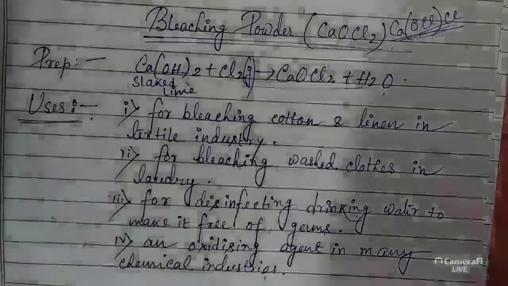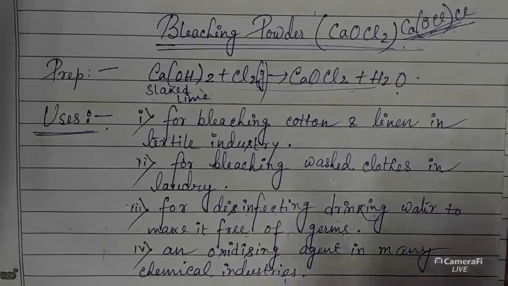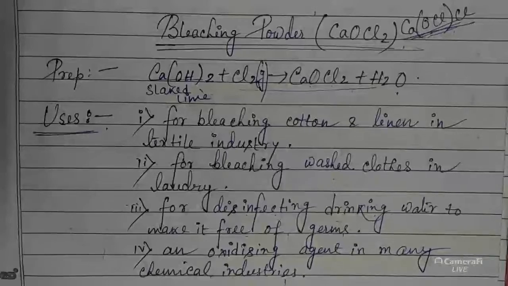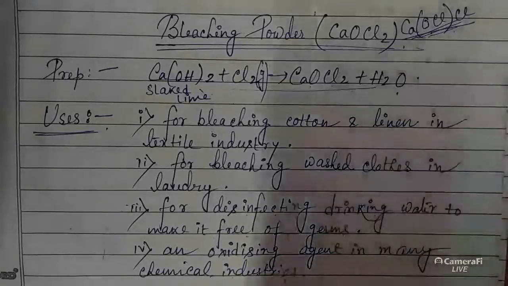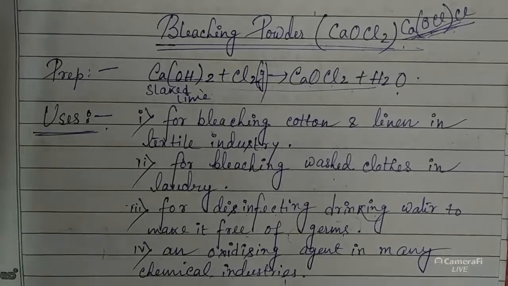Okay, so how many uses have we seen here? Firstly, bleaching powder is used in the textile industry for bleaching the cotton and linen cloths, and also for the washed clothes in the laundry.